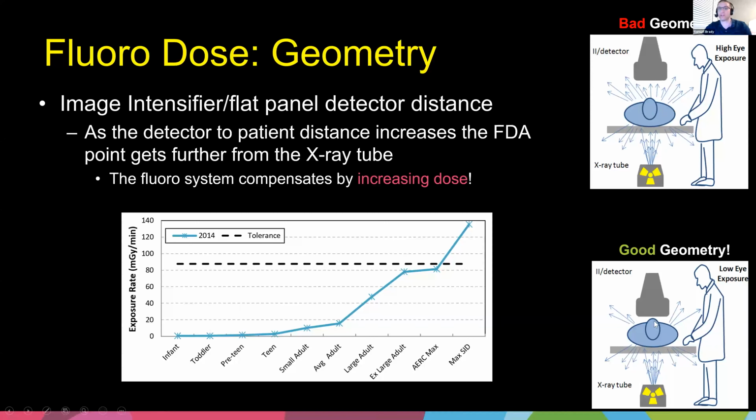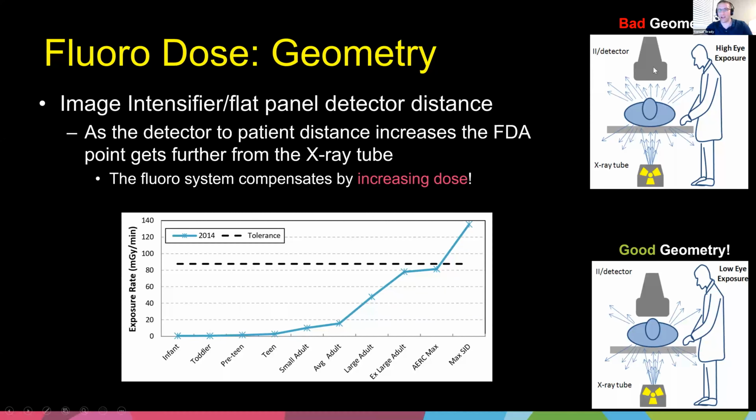You'll also have less of a geometric blur due to the magnification effect. So this will give you the best resolution and contrast. That's great. It will also give the best dose to the patient, and it'll give the lowest dose to the operator because there's just less scatter coming off the patient into your face.